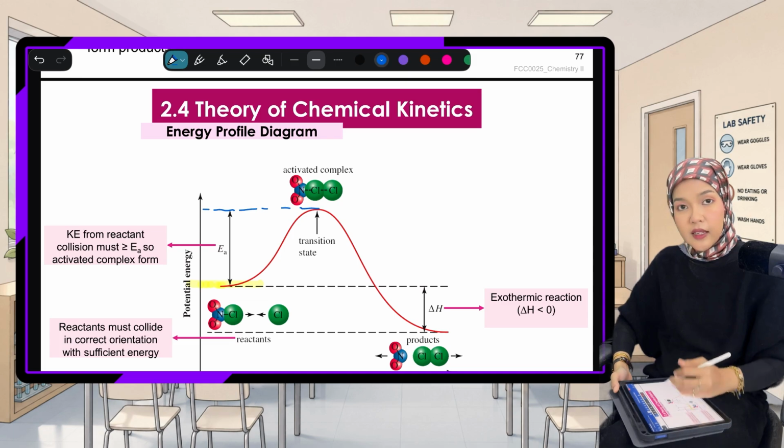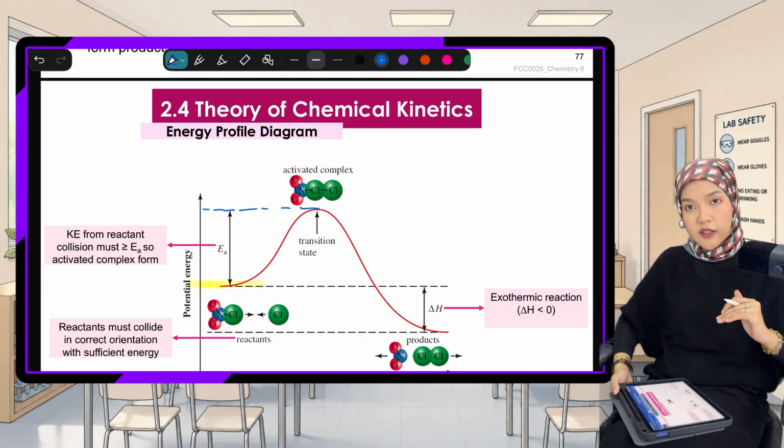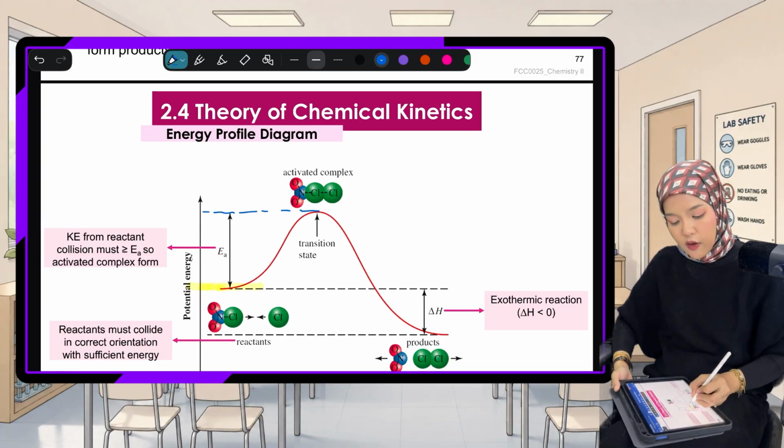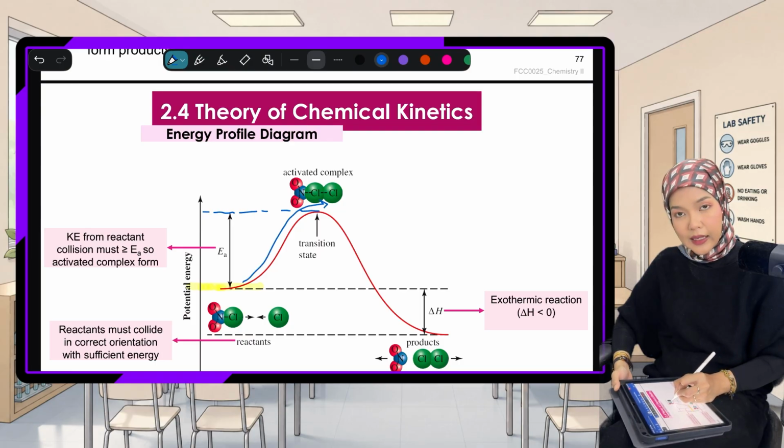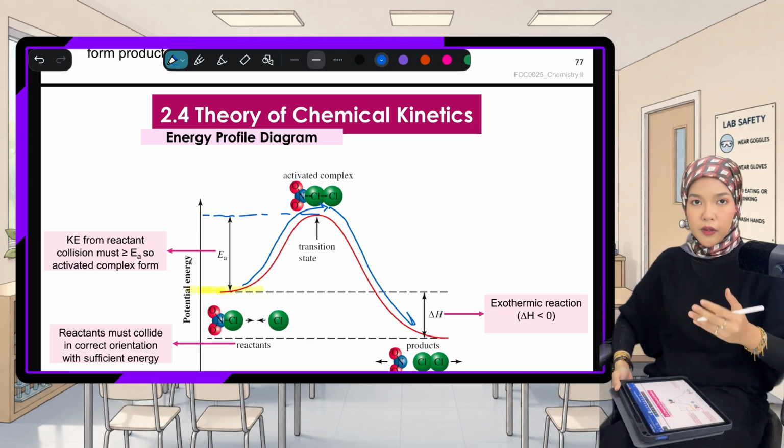The difference between the peak energy of the activated complex and the potential energy of the reactants is what we call the activation energy. For the reaction to occur, they must overcome this hill. Only then will they produce the product.